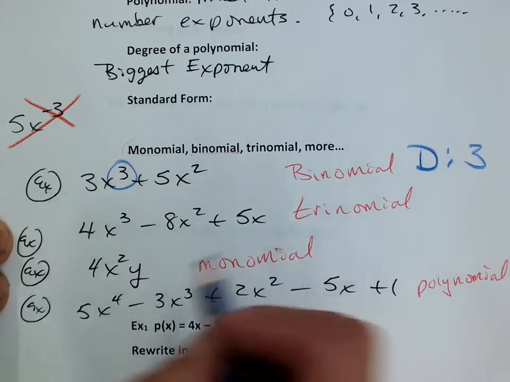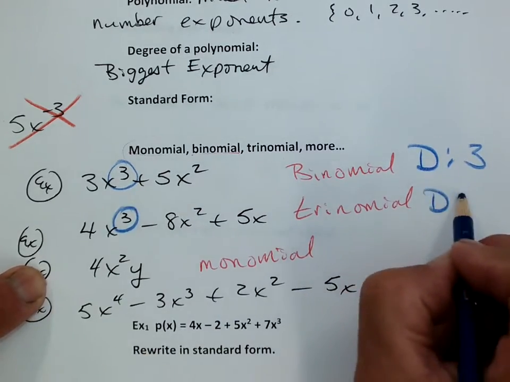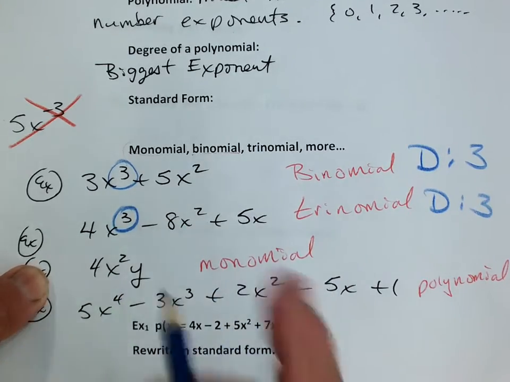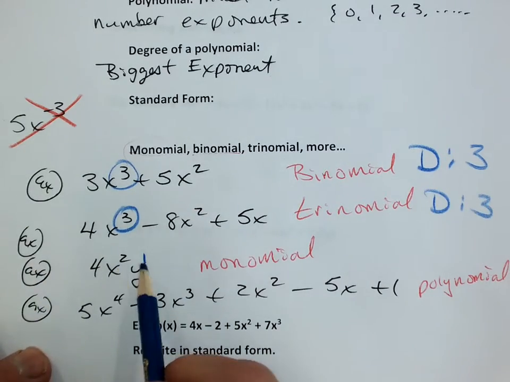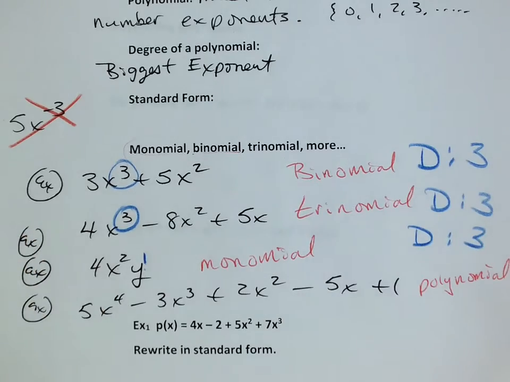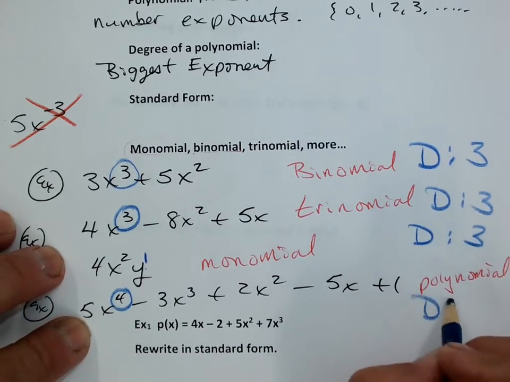The degree of this one is also 3 because it's the biggest exponent. Exponent, not numbers. This one's kind of tricky because it's squished together. So we go 2 plus 1 more, so we say the degree is 3 in this case. And this one, the biggest exponent is the 4.